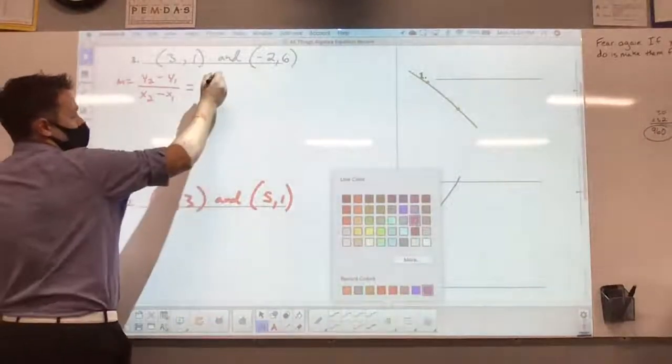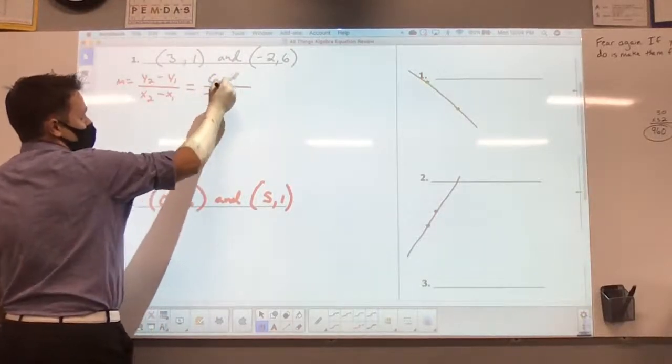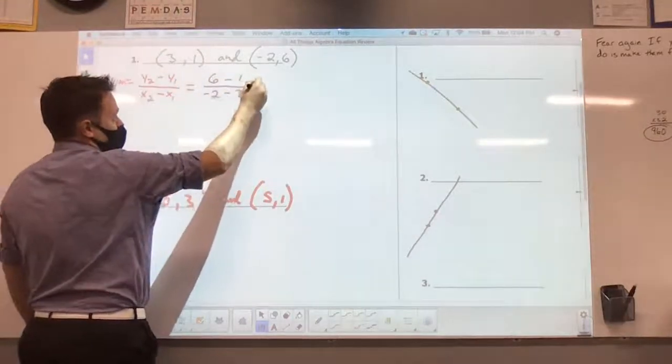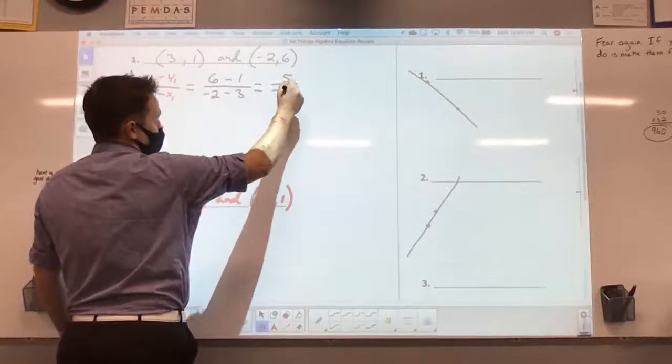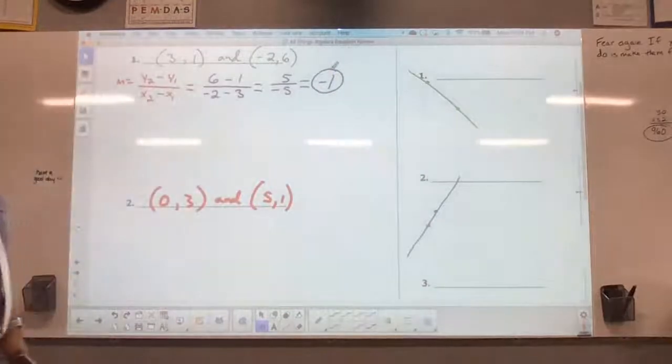So I'll just do the second point. So it'll be 6 and a -2. And then it's the same. It's always a minus minus, 1 and a 3. Okay, so that would be a 5 over a -5, which can be divided into what? A -1. Okay, we have our slope.